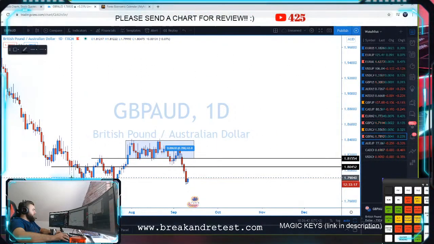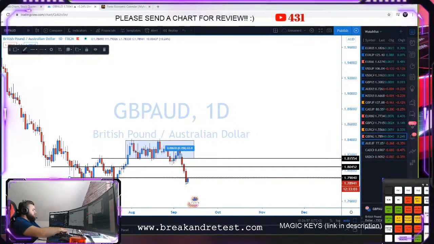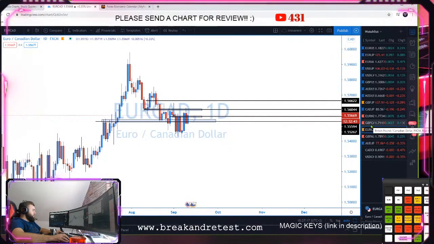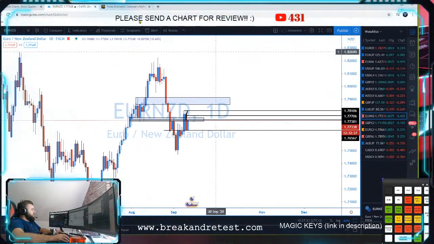GU looks like it's at daily resistance. No, you can't buy USD CHF. Well, you can, but it's not what I would do, because there's no confirmation for buying USD CHF.